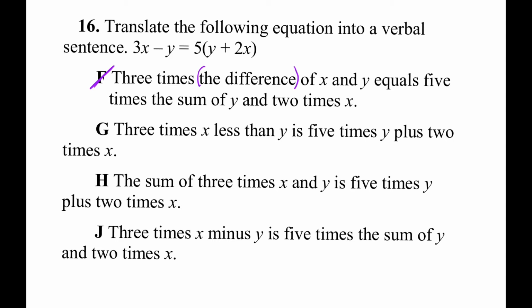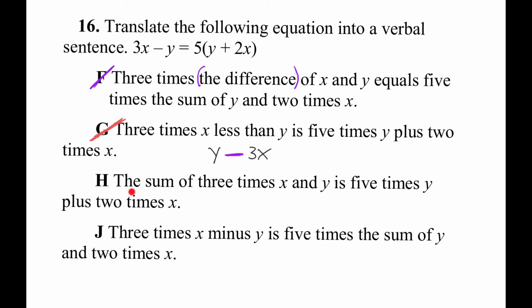If that's true, less than means minus, but you guys have to switch the order. So notice the 3x is before the less than, so that has to be after the minus. I'm just going to write it down so you can see it. And then the y has to be before the minus. So we put a y right there. Nope, that's not what we have. 3x minus y is not y minus 3x. So that's wrong right there.